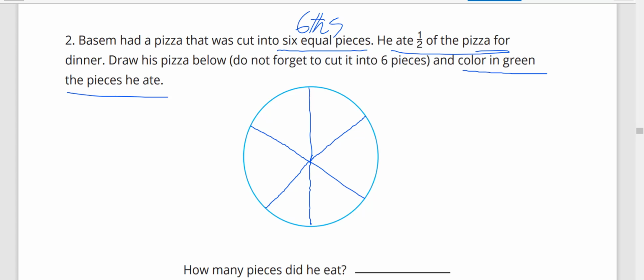Each part is called a sixth. Color in green the pieces he ate. He ate half of the pizza, so we color half of the pizza with green color.